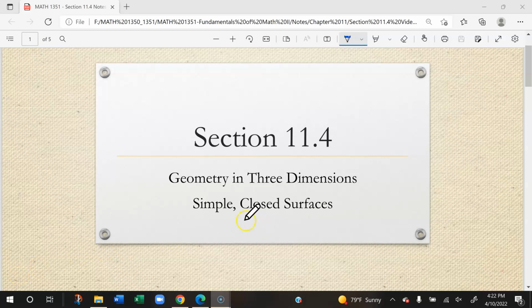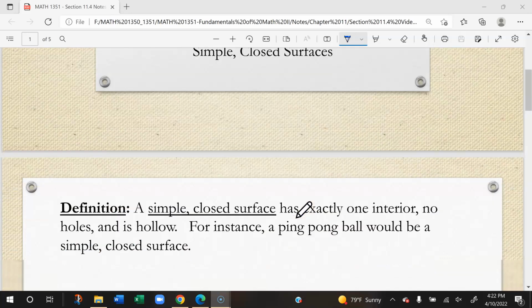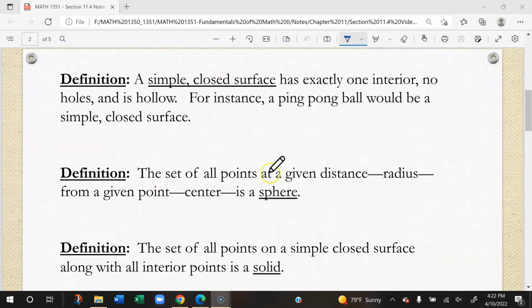So we're going to look at some simple closed surfaces. And what we mean by simple closed surfaces: it has exactly one interior, no holes, and it's hollow. A ping pong ball is a simple closed surface.